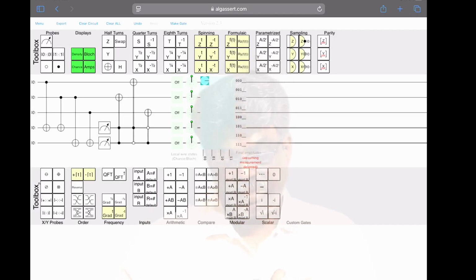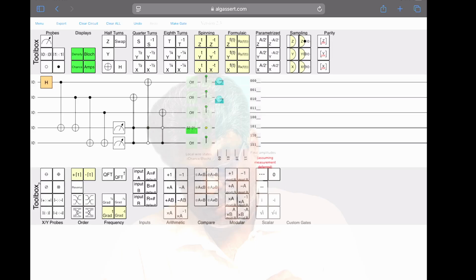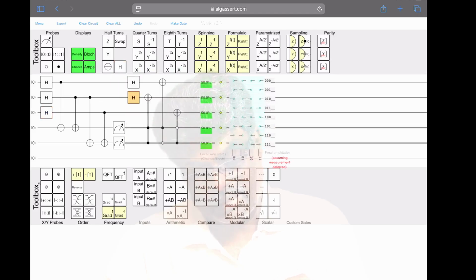So this is yesterday's bit flip circuit, the bit flip errors detection and correction circuit. Now I am converting this into phase flip by adding these Hadamard gates. And again here also Hadamard gates, like this.